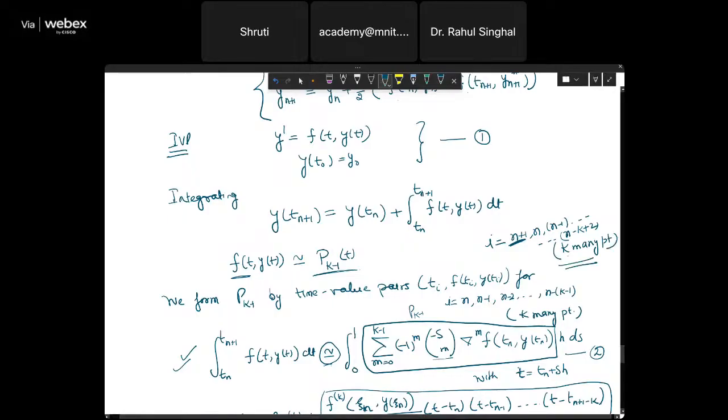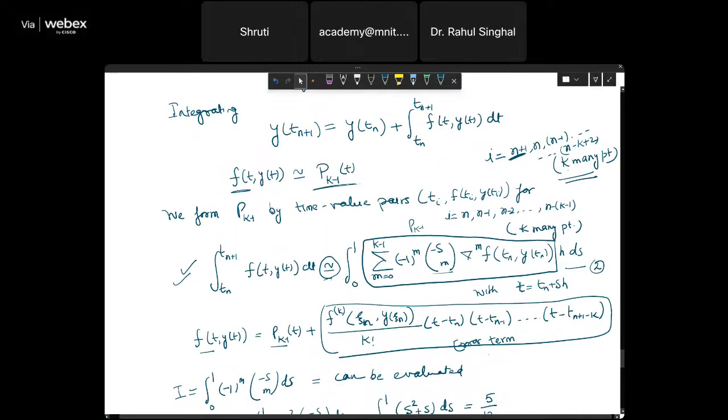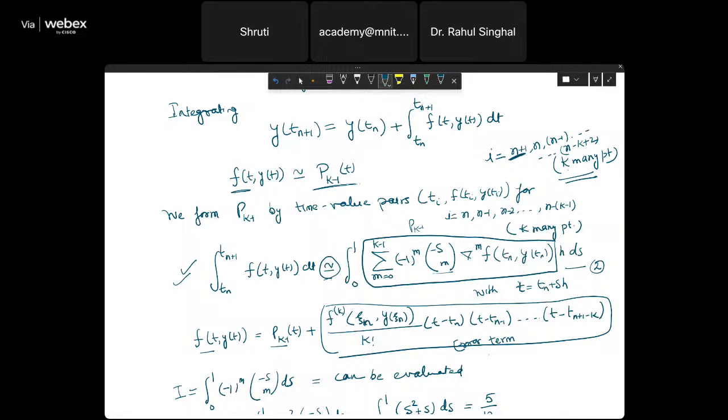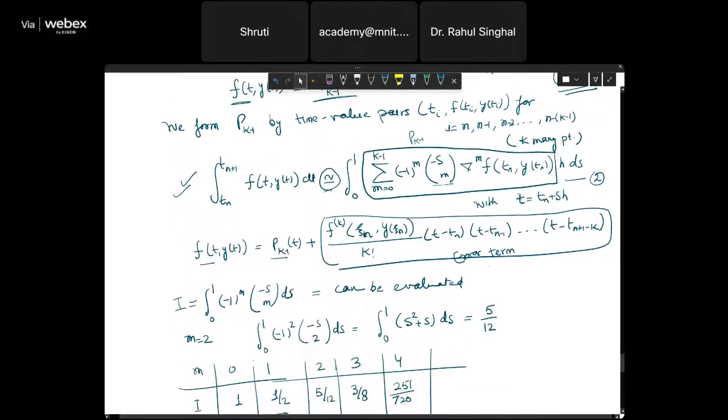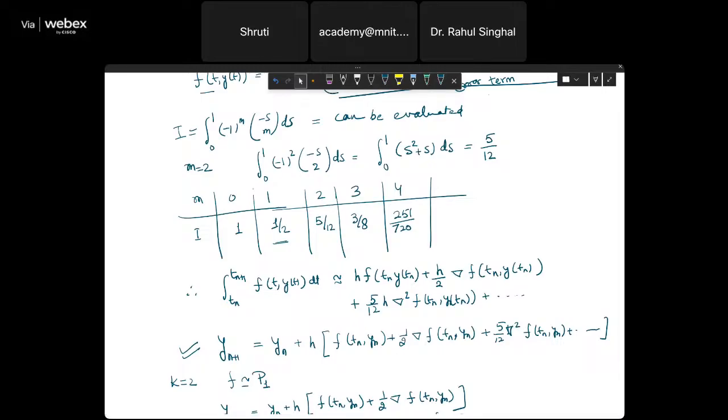This is the change, and because of that there will be a change in the expression for the polynomial p k minus 1. So there will be small changes in the approximate integral value that we compute, and that will give you the final implicit numerical method known as the Adams-Moulton method.